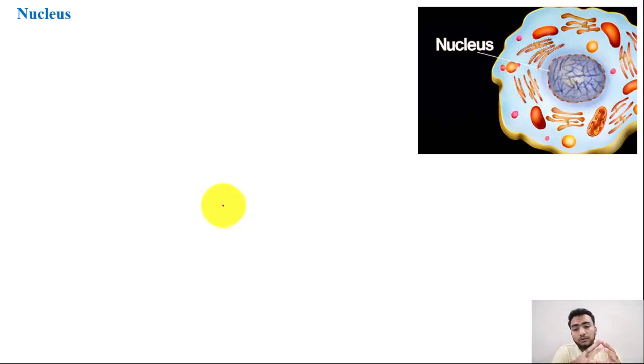Another is that this is the organelle that differentiates a eukaryotic cell from a prokaryotic cell. A eukaryotic cell has a well-defined, well-organized nucleus, whereas a prokaryotic cell has no well-defined nucleus, and therefore this is an important organelle for us to be able to distinguish a prokaryotic cell from a eukaryotic cell.